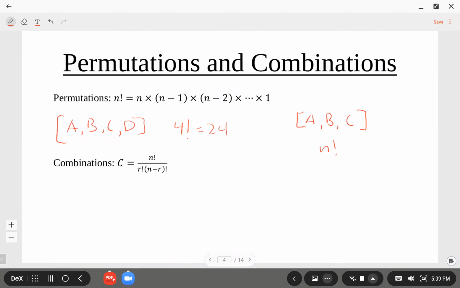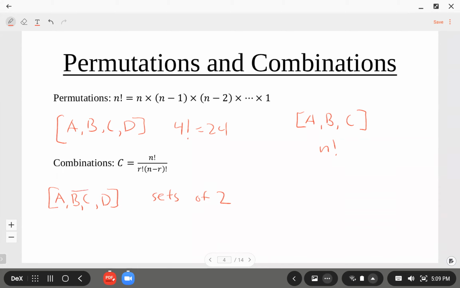Now combinations, okay? It's the number of specific selections of objects within a larger set. Let's say we have A, B, C, D. We're supposed to pick sets of 2.